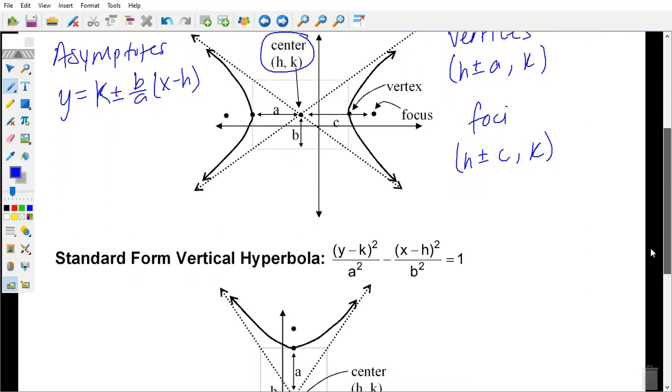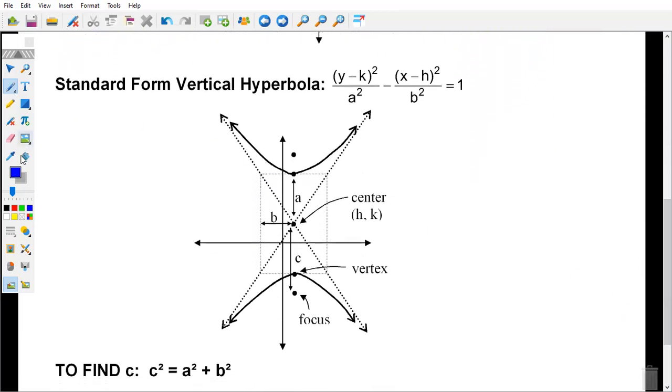Next, now we're going to look at a vertical hyperbola. If you look at the vertical hyperbola, it's vertical because you start with y and you are subtracting. That's what makes it a vertical hyperbola. If we weren't subtracting, it would just be an ellipse, because an ellipse is the sum.